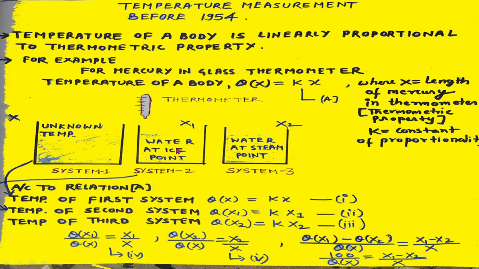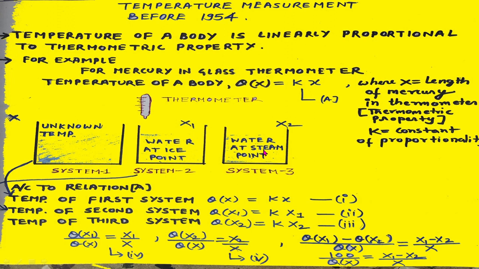So the second system contains water at ice point only, and the third system was a system of water at steam point or boiling point. Steam point and boiling point are the same thing. So these are the three systems as shown here.